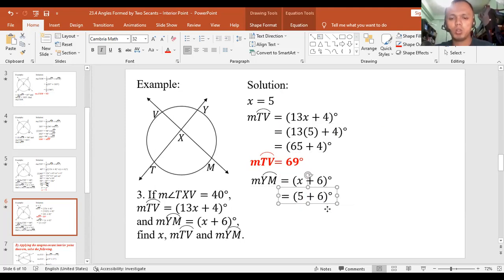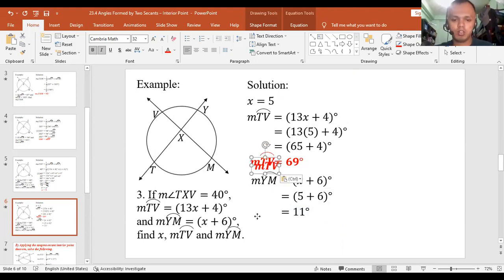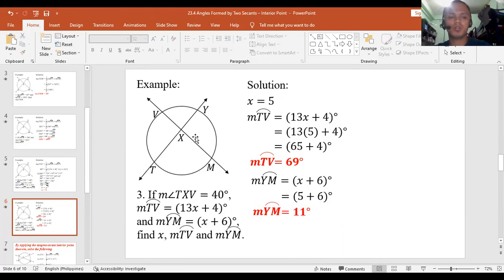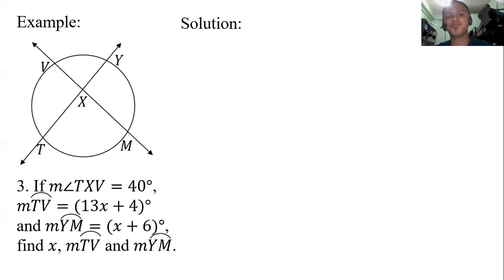That would be equal to 11. 11 degrees for your YM. So we have now obtained the three. Now, let's proceed to the exercise.